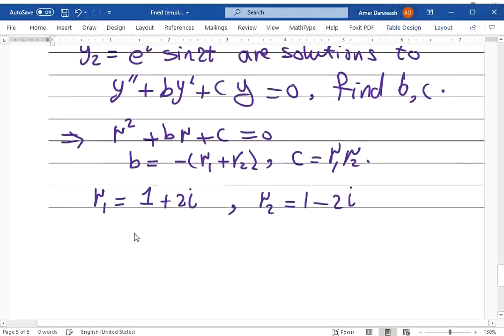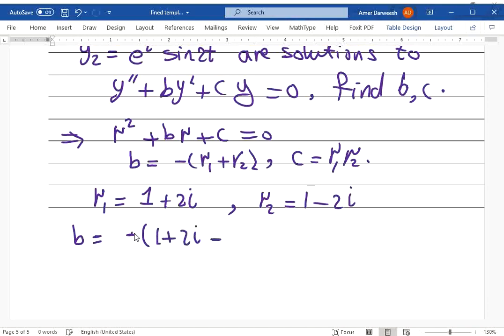So using now the fact, b equals minus the sum 1 plus 2i plus 1 minus 2i. Now cancel out, we get minus 2. So the constant b is minus 2.